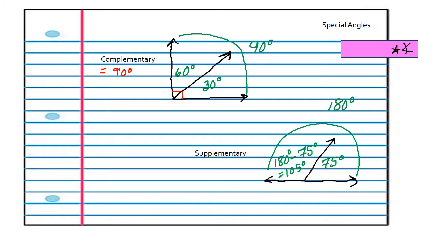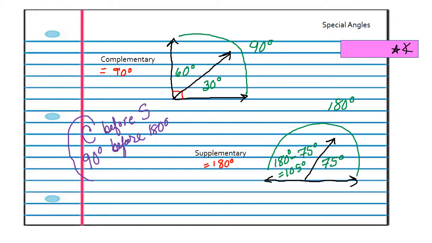Now, one of the ways that I remember that complementary equals 90 and supplementary equals 180 is just a method of realizing that C comes before the S, and 90 is lower than 180.